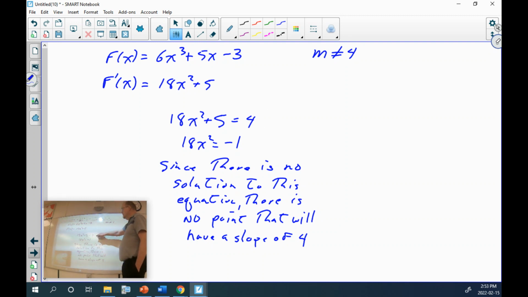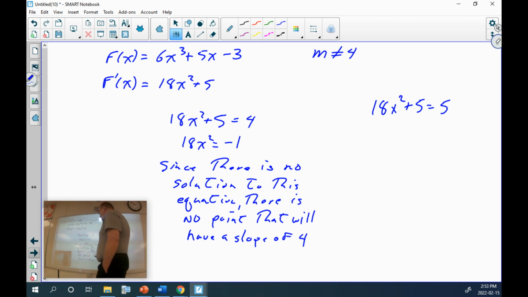What's the lowest number that goes here that's going to make this equation have a solution? 18x squared plus 5 is equal to 5 has a solution. Anything less than 5, not going to have a solution because we're going to have something squared equal to a negative value. So the lowest slope on that guy is going to be 5.